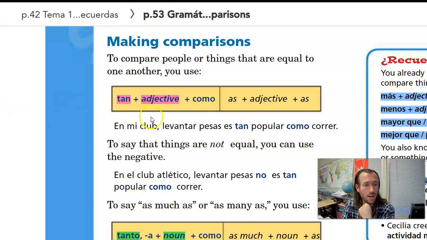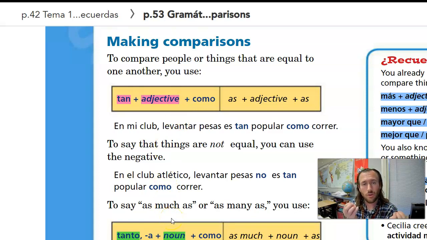Comparisons of equality, however, begin with tan or tanto. If you're going to use an adjective to describe how two things are the same in terms of their quality, then you would use tan and como, with the descriptive adjective going in the middle.